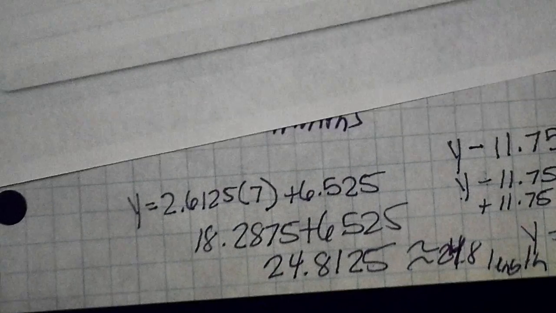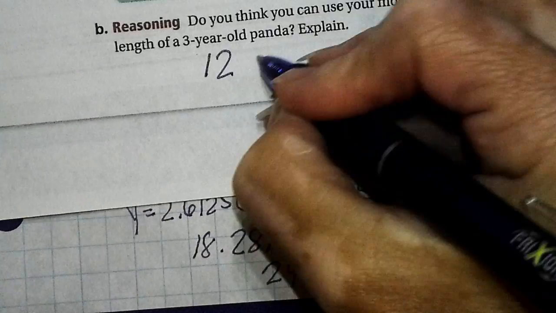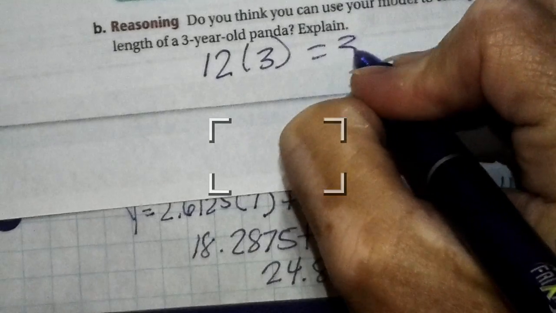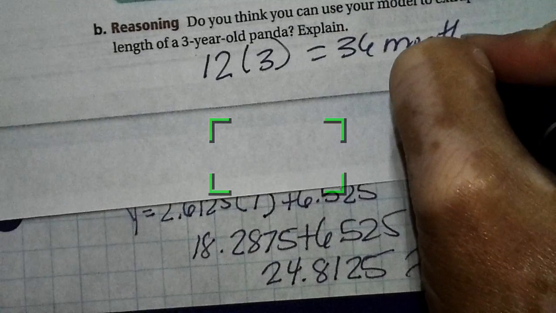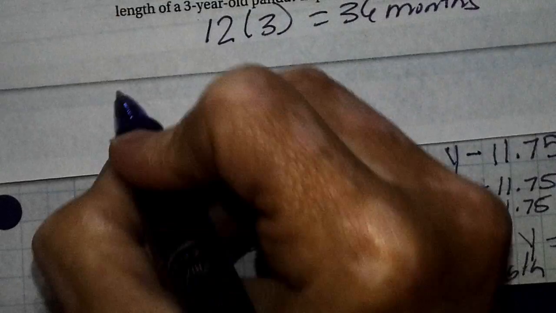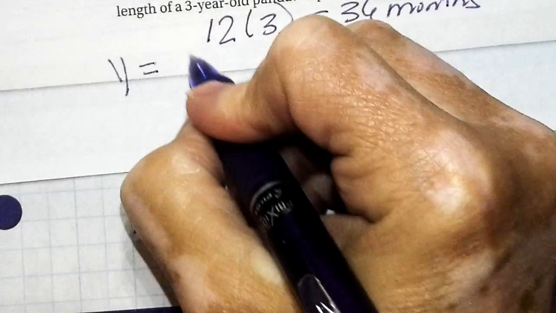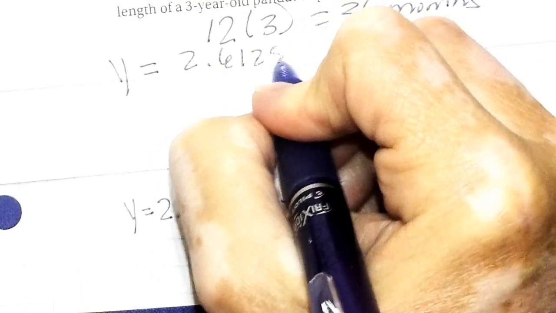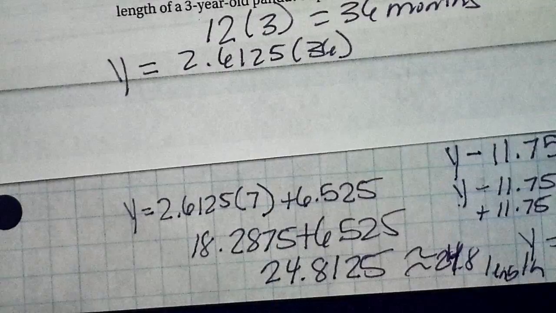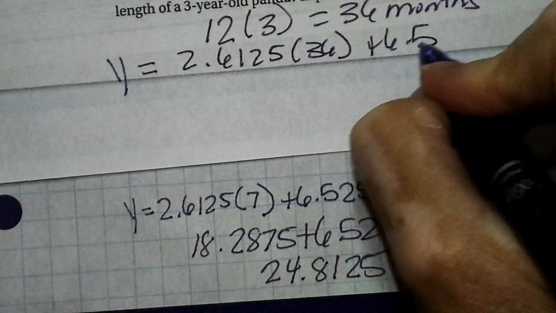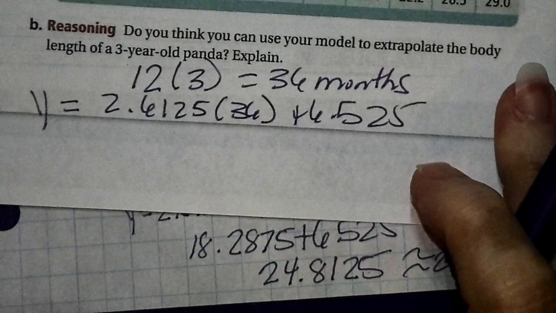So absolutely. So we would do 12 times 3, which is 36 months, and then you would just substitute that in. So y equals 2.6125 times 36. So that would be what we would use.